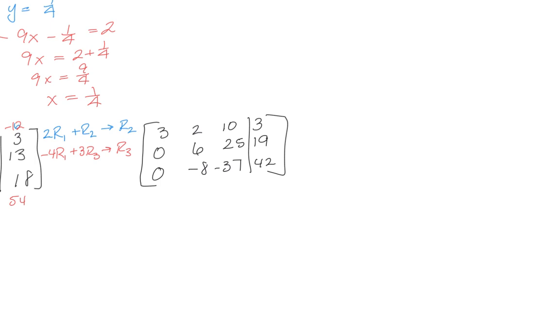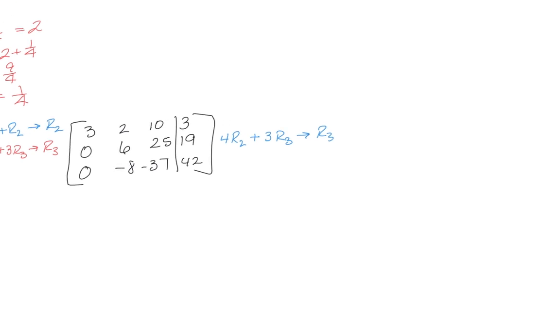The lowest common multiple of 6 and 8 is 12. So if I multiply 4 times row 2 plus 3 times row 3 and put the answer back into row 3, then I'm going to have a 0 in that position. And again, if you're wondering what I'm doing, read through the directions on how to put this into row echelon form.